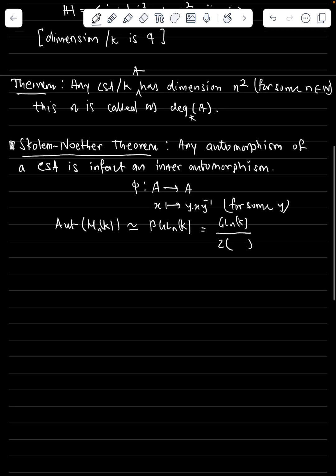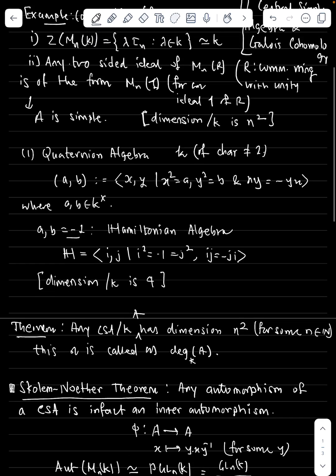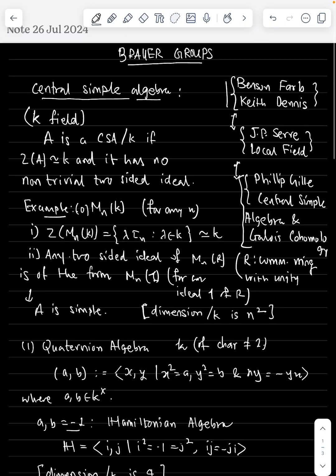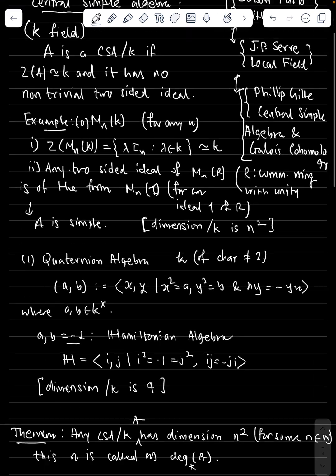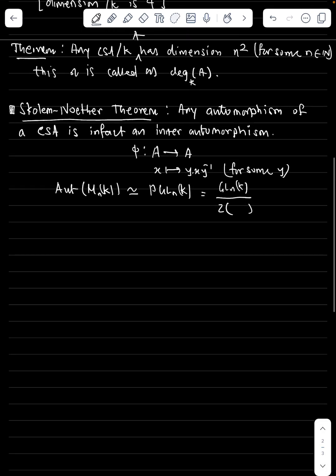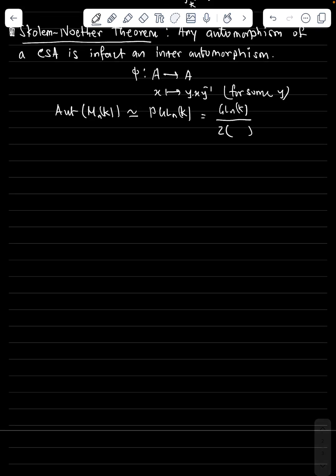And now let's come back to the notion of Brauer groups. So the basic thing is, the Brauer group basically classifies all those finite dimensional central simple algebras up to some isomorphism. The main thing is the Brauer group classifies central simple algebras.